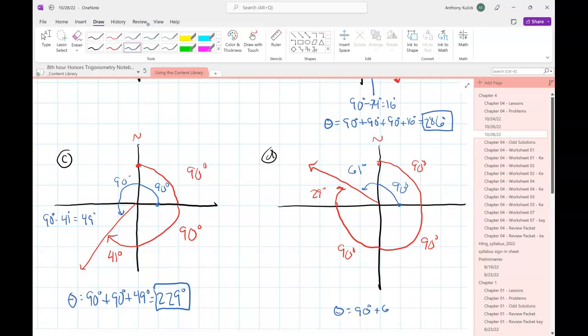And at this point, I'm going to stop writing in how I got them, because come on now, folks, we're just finding complements. Pretty easy so far, right? Converting a bearing to a standard position is not a big deal. The picture basically is all you need, and drawing the picture is just a little bit of common sense.